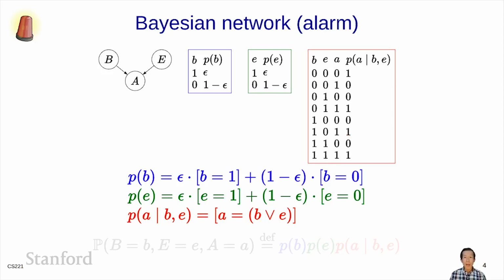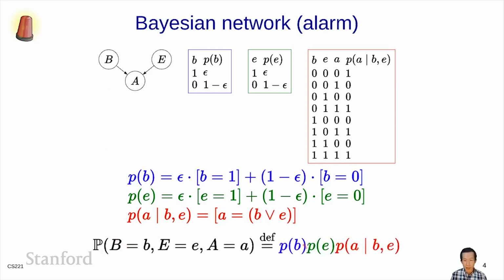Okay, so now I have defined a local conditional distribution for each variable given its parents. And now the final step is to multiply all these together, and that is defined as the joint distribution over all the random variables. Notice that I'm deliberately using two types of p here.